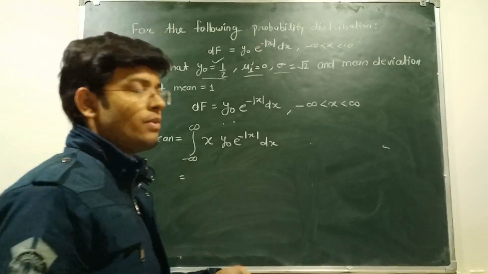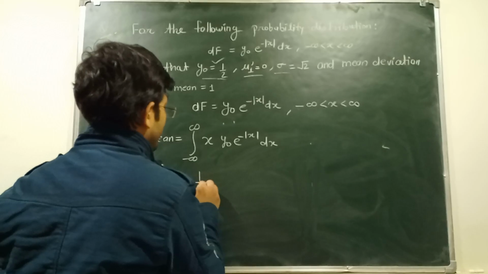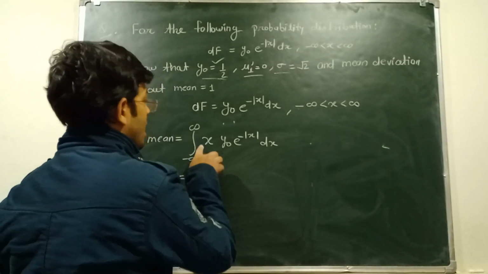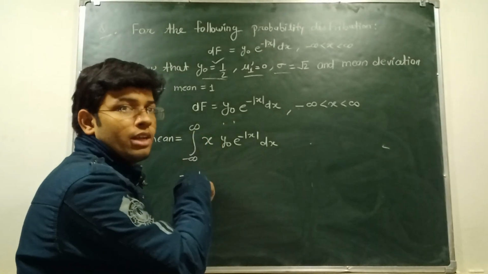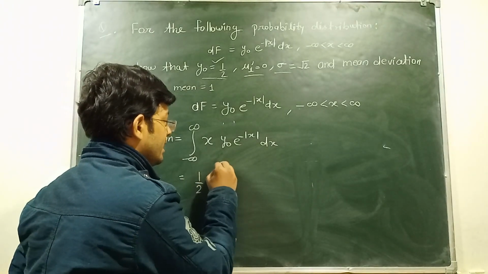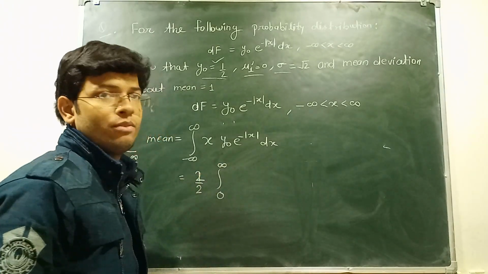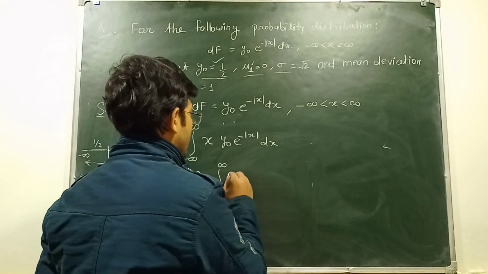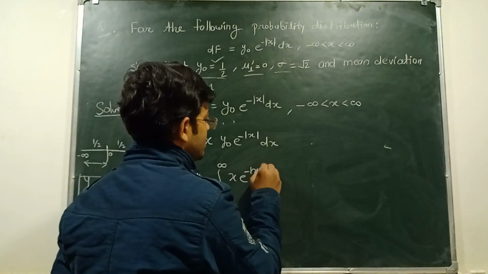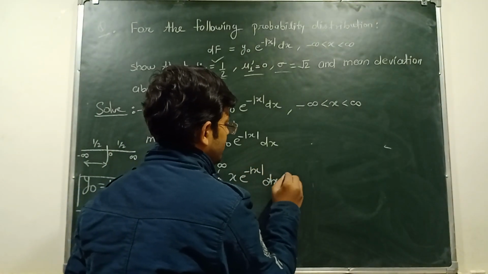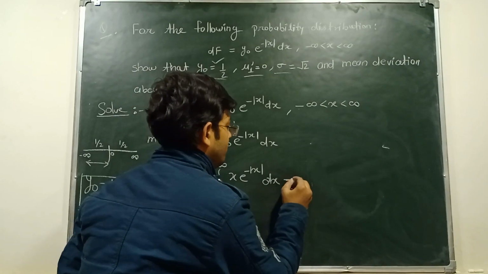We already know the value of y0, so we can write 1 by 2, and we change the integral limits to 0 to infinite, so we write 2, and x e to the power minus mod x dx.